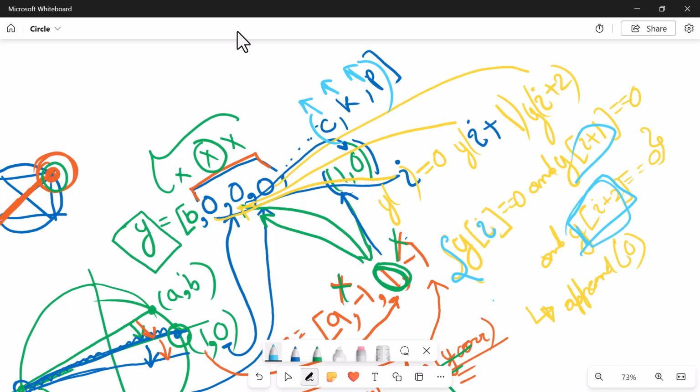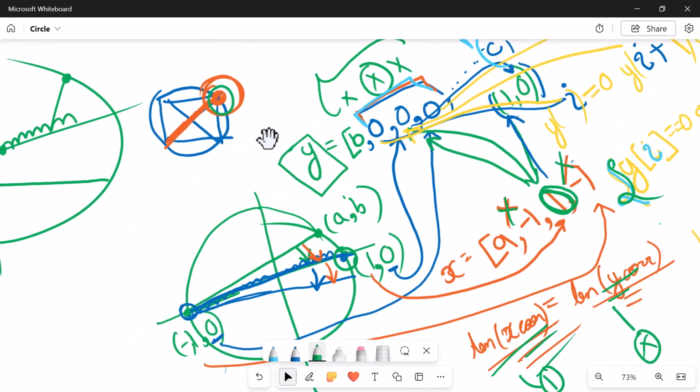Therefore we have to handle this particular case. For the last two values we don't want to check this particular condition.